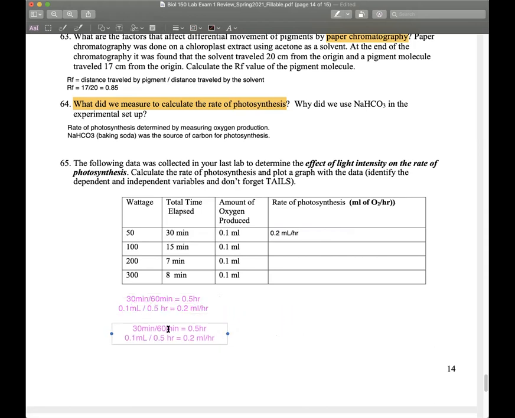All right, let's do, if it's 15, it's going to be what, 0.25?